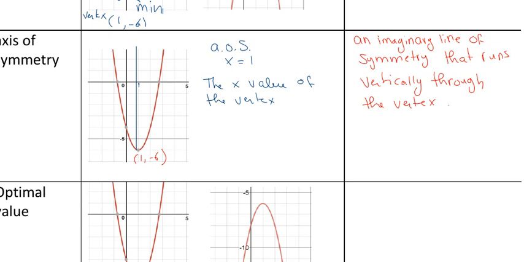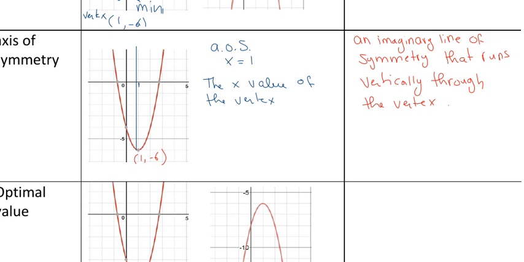Are we okay with this? Okay. Now, the other part of the vertex, so we talked about the x part of the vertex. The second part of the vertex is called your optimal value. The optimal value is either your maximum value or your minimum value that you're going to get to.